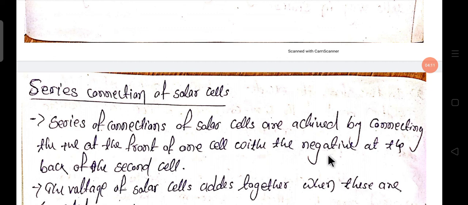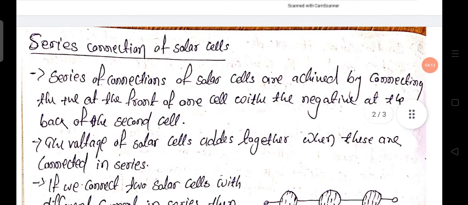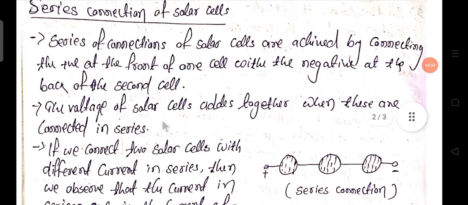Let's briefly discuss the series connection of solar cells. Series connection of solar cells is achieved by connecting the positive at the front of one cell to the negative at the back of the second cell.